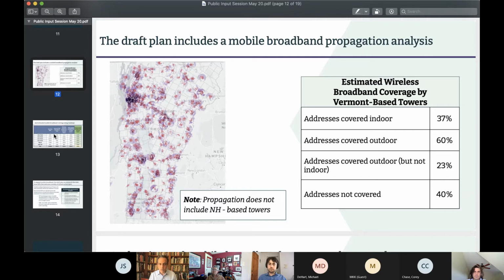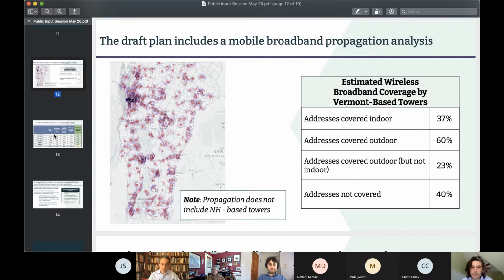But it also doesn't include people who are able to access cell service over the broadband they have in their home. And as many people know, the ability to get high-speed internet in their home tends to equal the ability to get mobile connectivity through that same bandwidth.